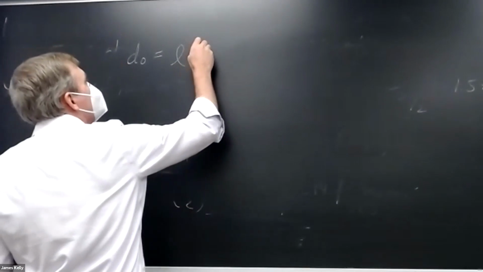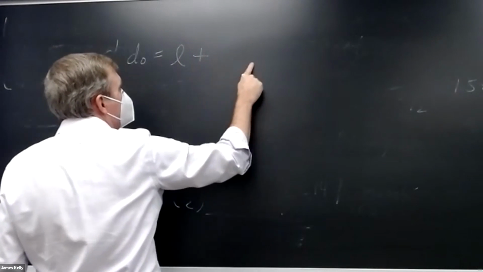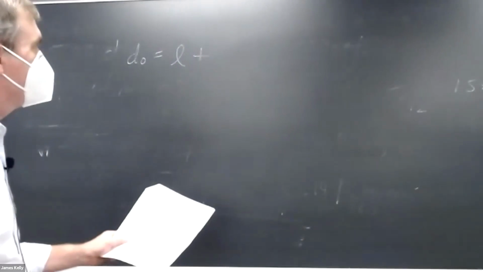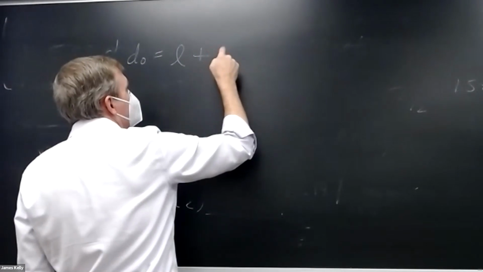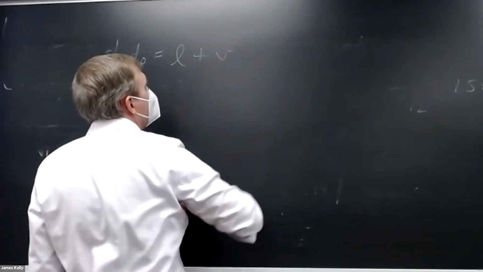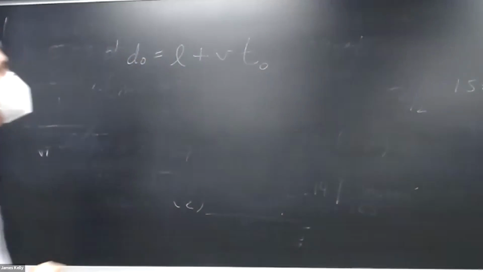So it's got to go the length of the bus plus how far the bus front moves between these two images. And I can calculate that from speed times time, right? The bus is moving at speed v, and the amount of time that elapses between those two images is t0.